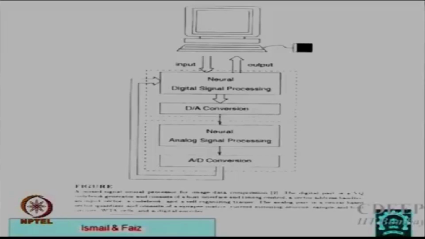Okay. If you see the analog part particularly, the neural processor requires some kind of vector quantizer again, and it consists of synapses and a matrix. If you have done a course on neural networks, you know about it. Maybe I'll show you as well. You may require summing of currents for neurons. You may require sample holds, and you require encoders and WTA cells. Communication people know much about the word WTA.